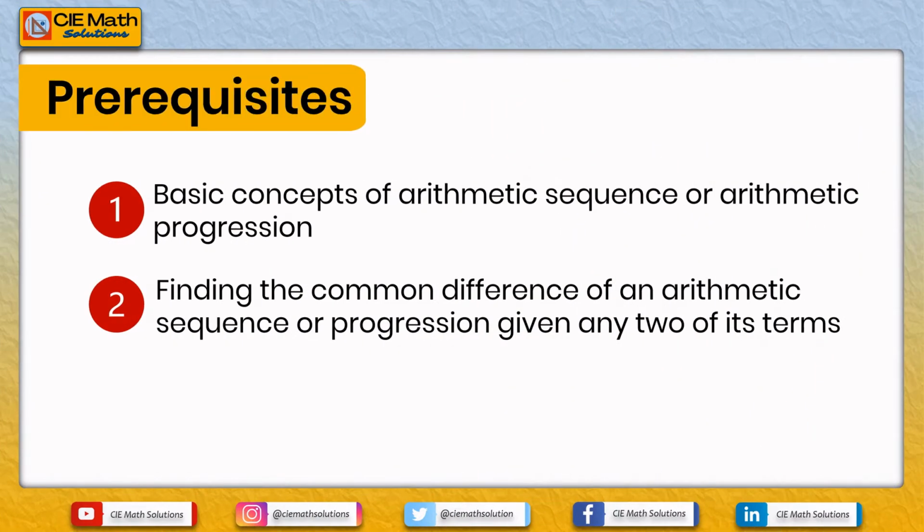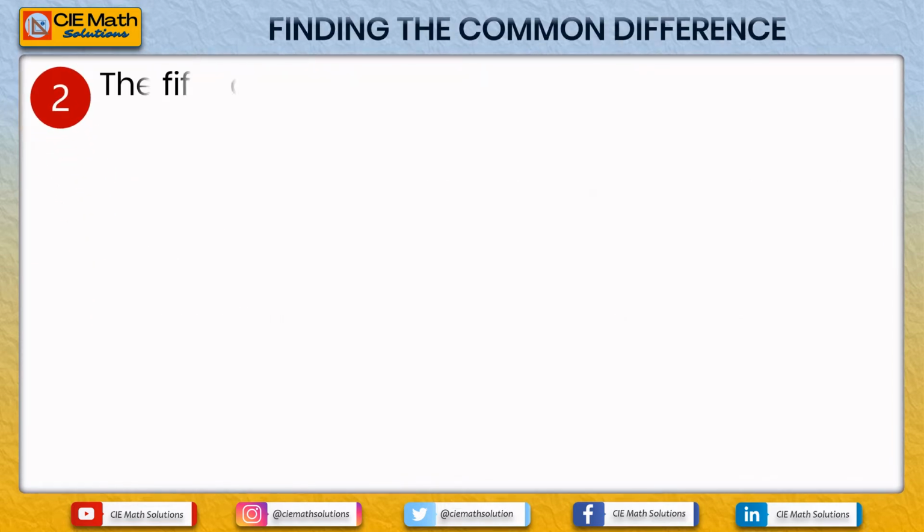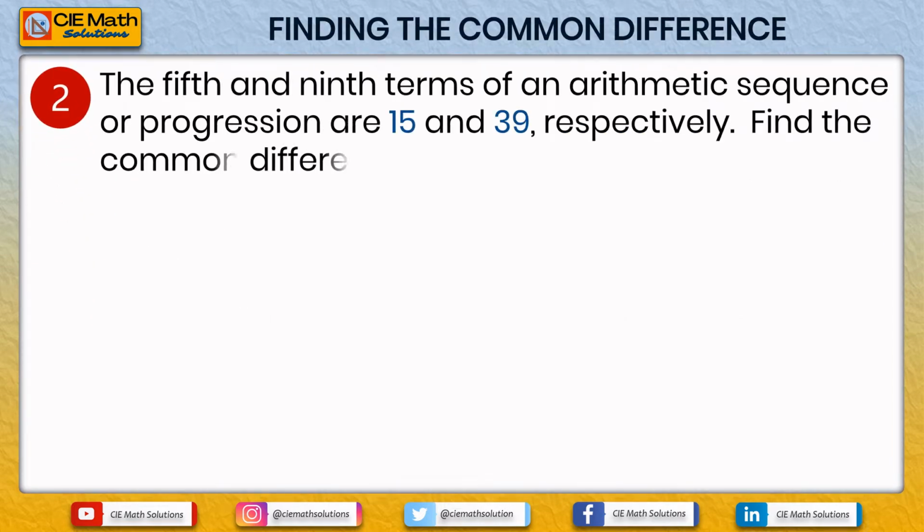The next prerequisite concept needed is finding the common difference of an arithmetic sequence. For example, the fifth and ninth terms of an arithmetic sequence or progression are 15 and 39 respectively. Find the common difference.